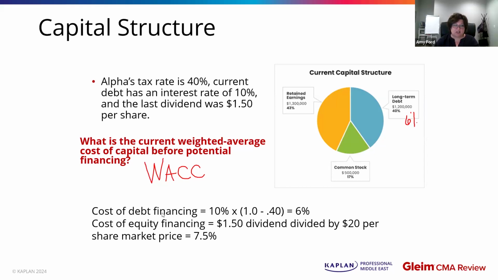The cost of debt is after tax, so that's how we arrive at this 6% cost. The cost of equity financing is 7.5%. So we have different costs for the different options. We'd also have to look at the new structure, but first, what is our current weighted average cost of capital?